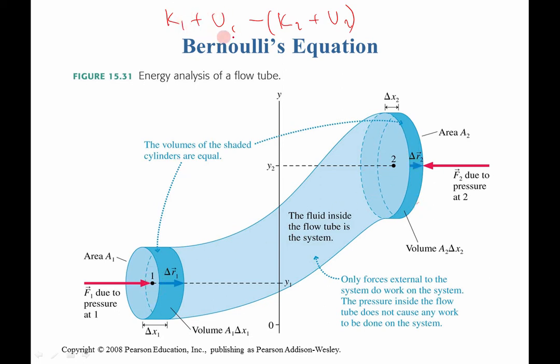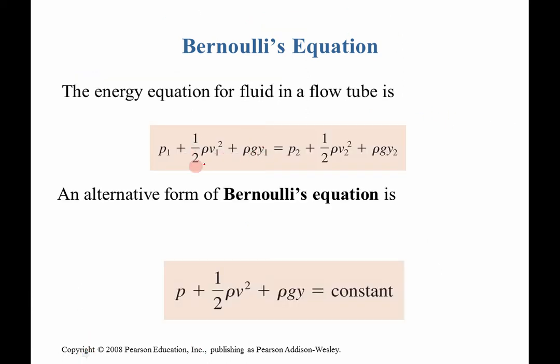The difference between the two has to be equal to the work done by the pressures, the work done by the external agents, which is the pressures. If we put those equations together, this is the kinetic energy, this is the potential energy of one, this is the pressure of one, this is the kinetic energy, this is the potential energy, and this is the pressure.